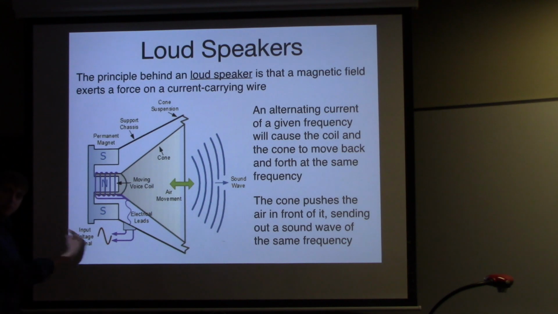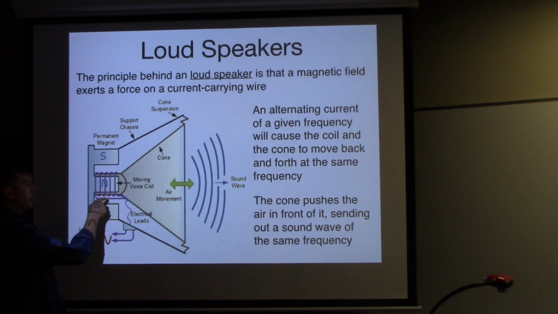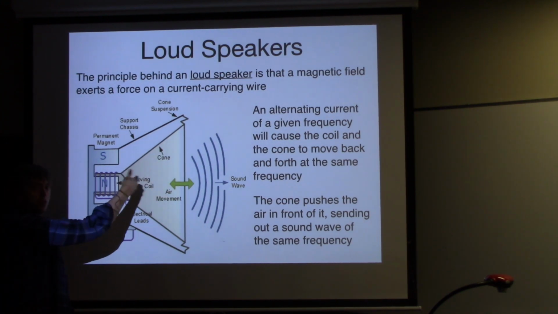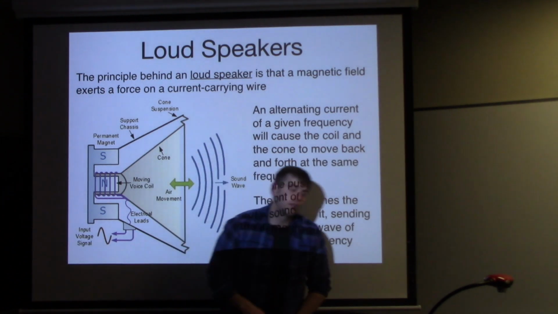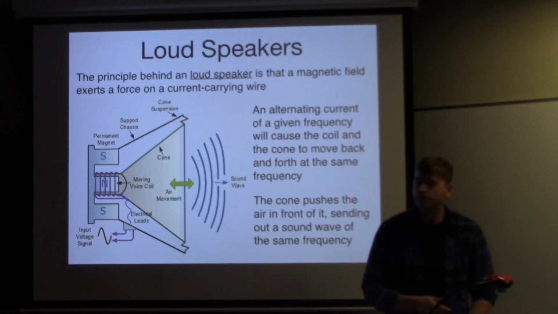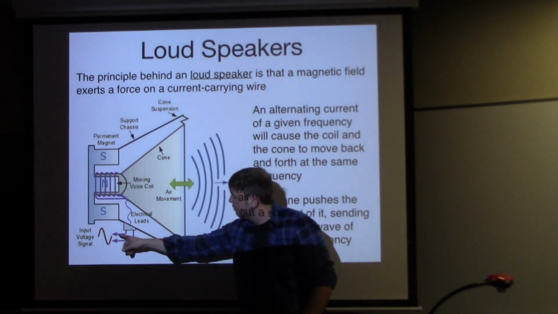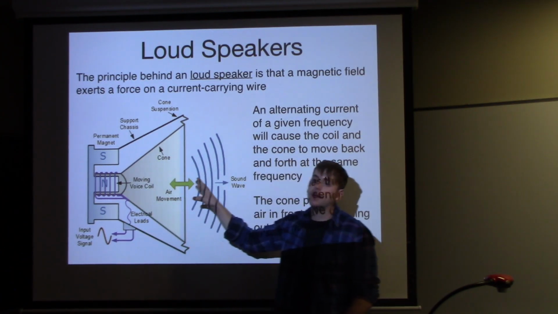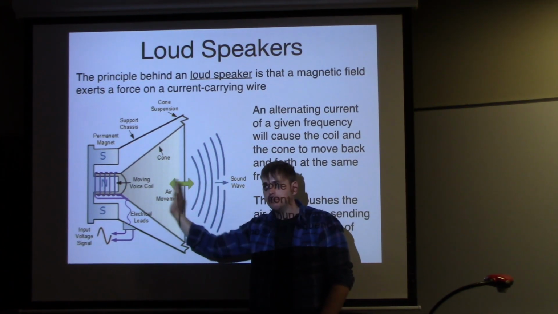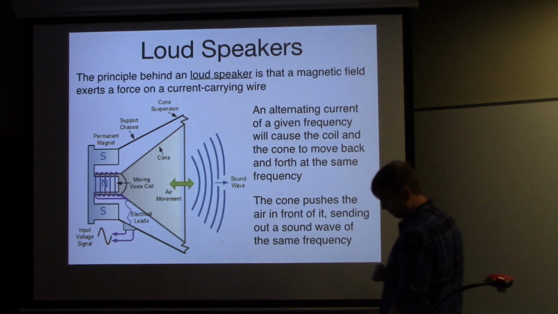And whatever frequency I give it for the input source, I'm going to get this cone, this is what we call this piece, the cone, moving back and forth at that same frequency. So whatever frequency of this current I put into it, I'm going to get that same frequency of this back and forth motion of the cone.